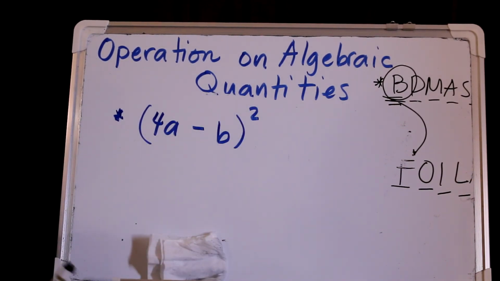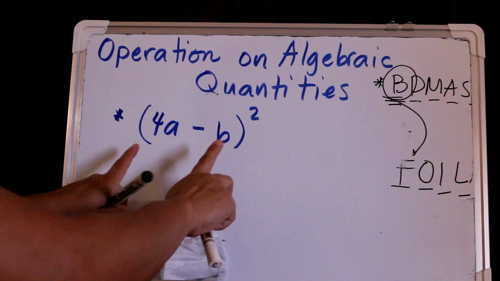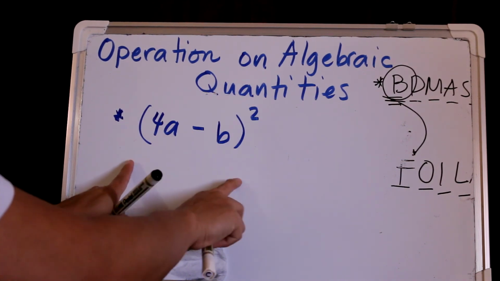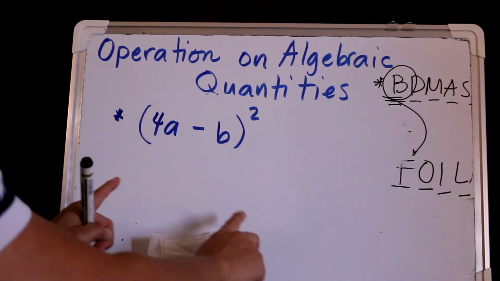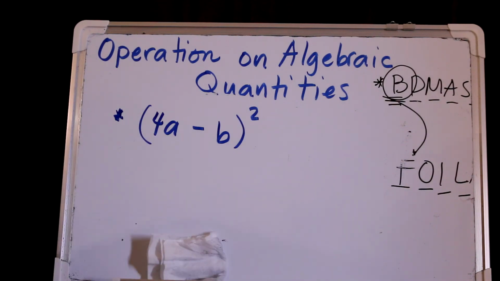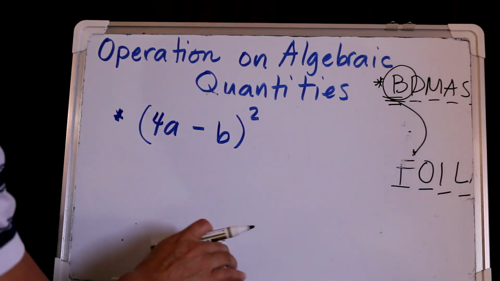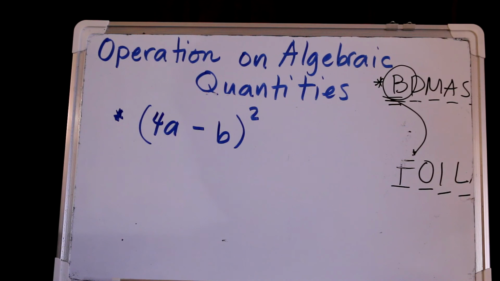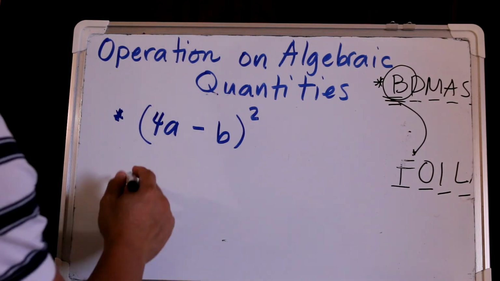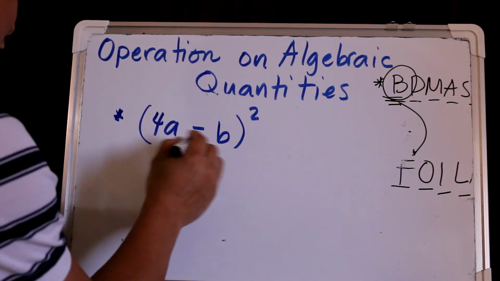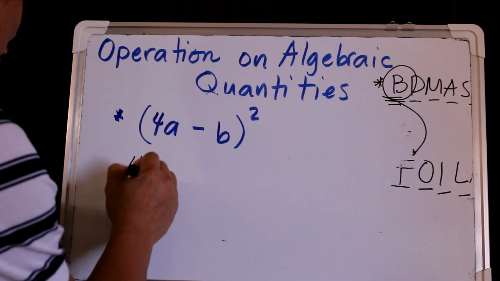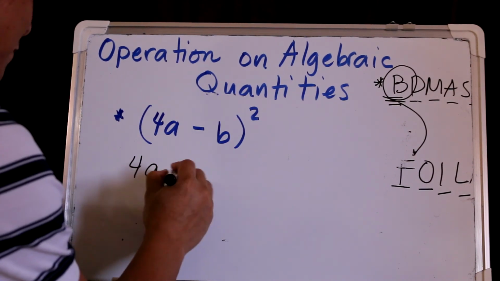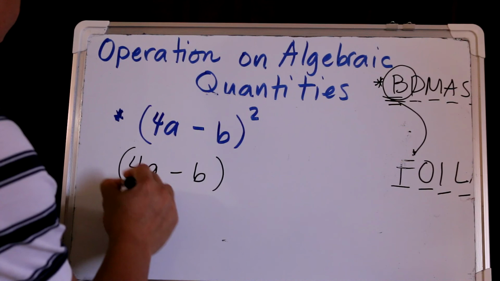Alright, so what does it mean? So this means you have to make 2 brackets and then you do the FOIL method. So we're going to have, this is equal to 4a minus b times 4a minus b.